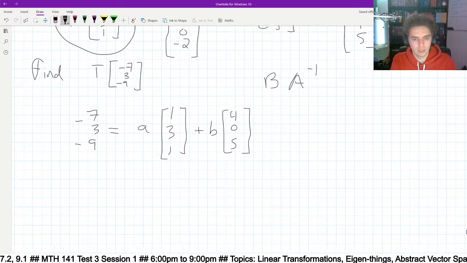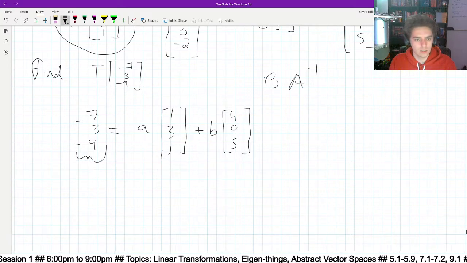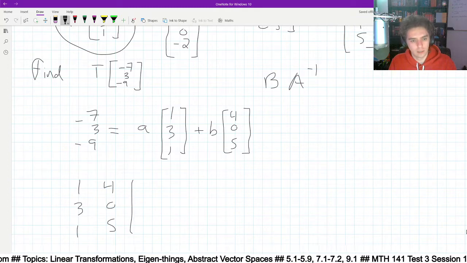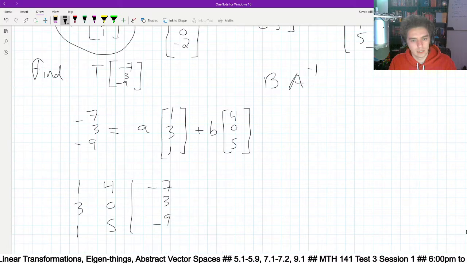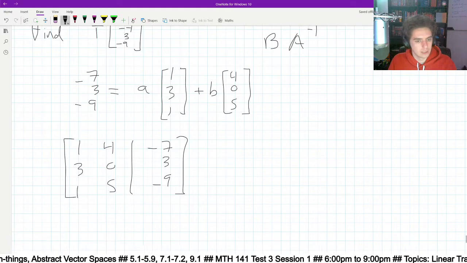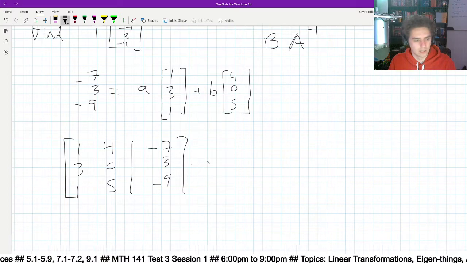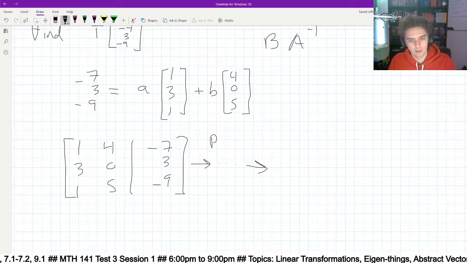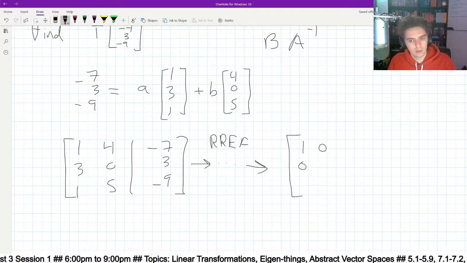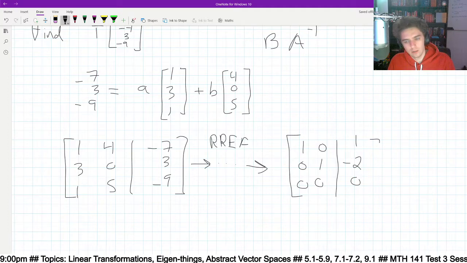So I'll put these two into a matrix and augment it with this: (1, 3, 1), (4, 0, 5), augmented with (-7, 3, -9). Put this in RREF. To keep it short, the solution has the RREF right here. After RREF, it looks like this: 1, 0, 0, 1, 0, 0, 1, -2, 0.